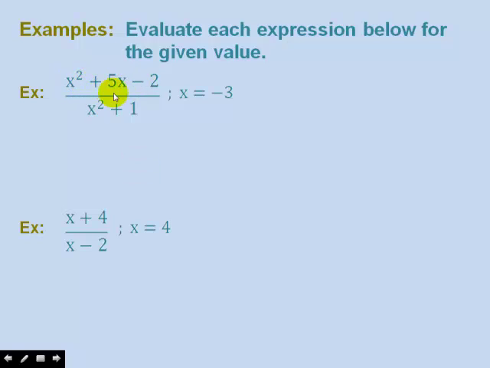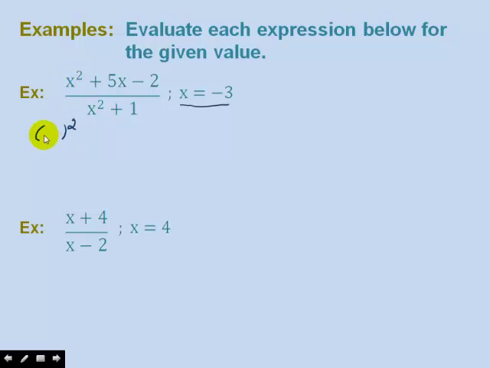So here we've got our rational expression that we're going to evaluate. And then right here is our replacement value we're going to use. So here we're going to use negative 3 in place of x for our replacement value. So again, I'm going to rewrite the rational expression just putting in parentheses wherever I see an x.